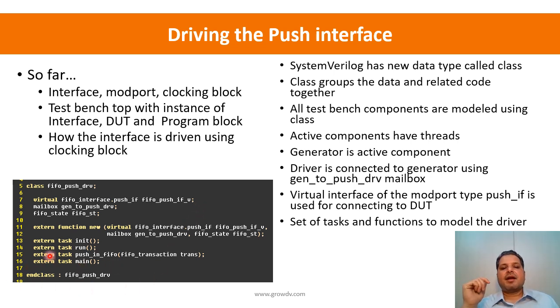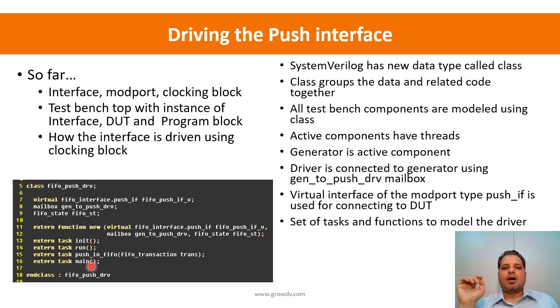And then we have the main. This main and run are kind of a set of common functions that we would need as a part of any active component. This is not a methodology or anything, but just a best known practice that you launch the threads in a particular function and provide one entry point to every class, so that the component or the class that's instancing this particular class can call this entry function, right?